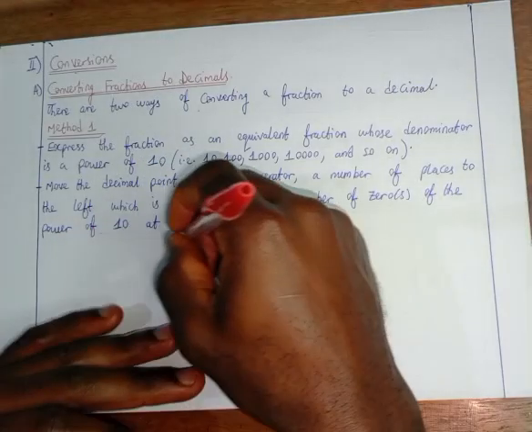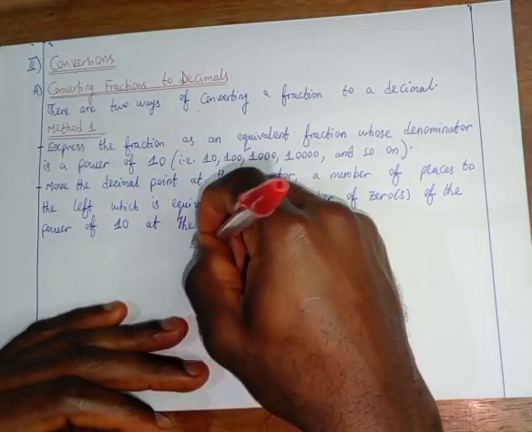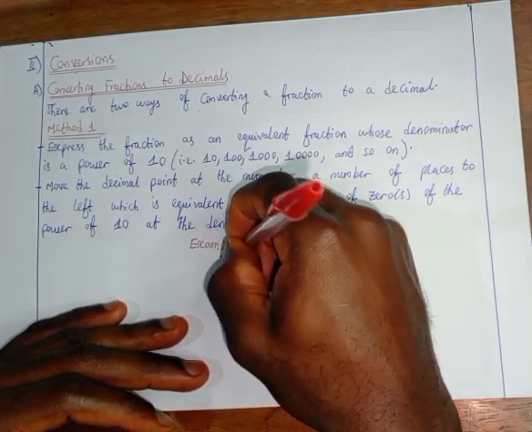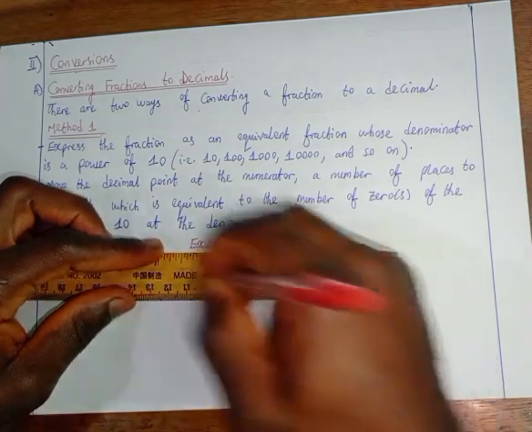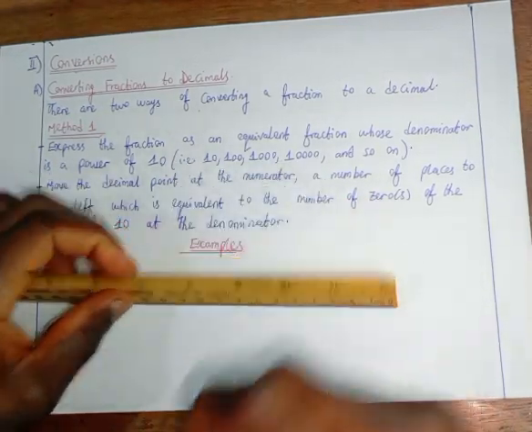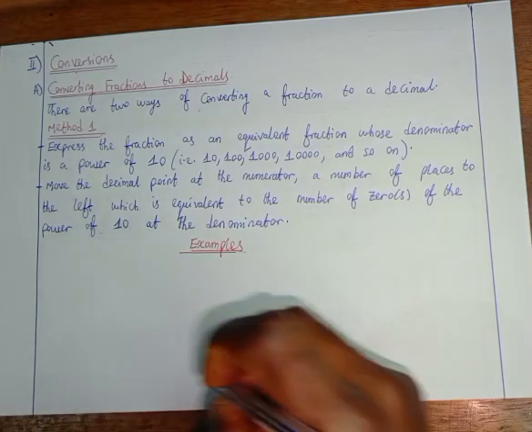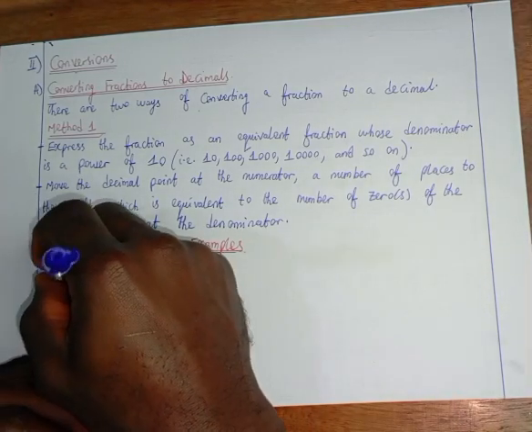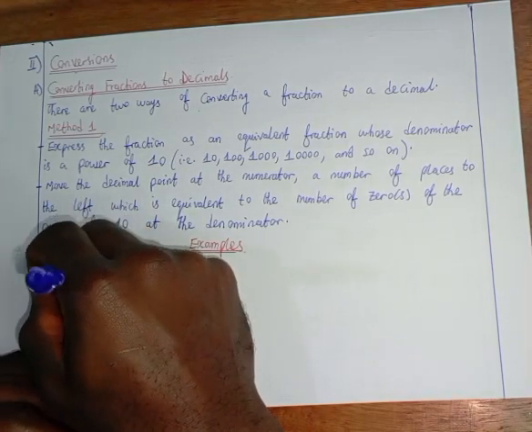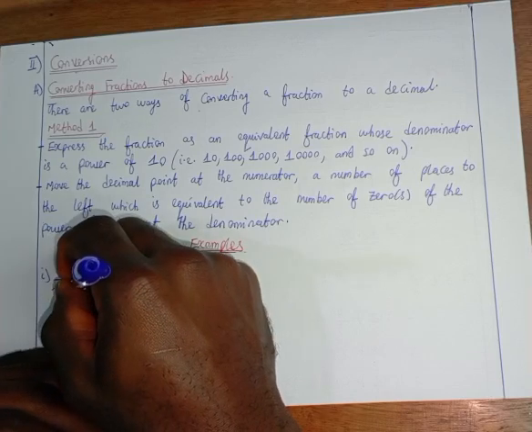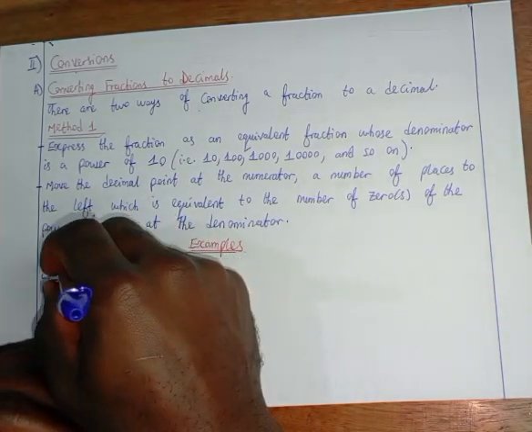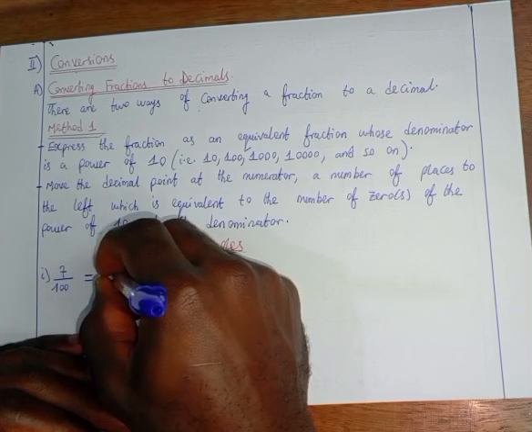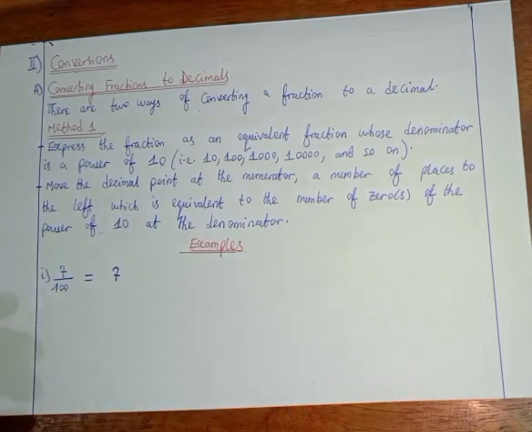Let's take examples on this first method. We take I, we have 7 over 100. We know this will simply be equal to the numerator. We have 7. We're going to write down a 7.